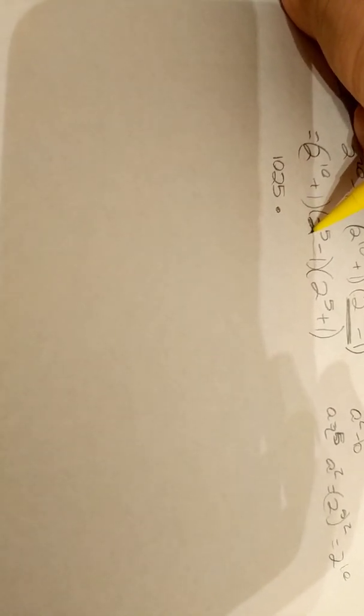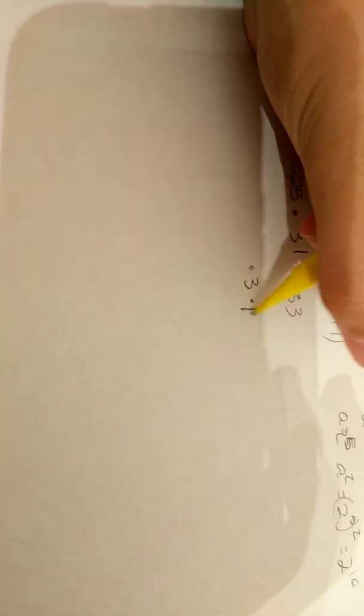2 to the 10 is 1,024 plus 1, 1,025 times 2 to the 5, 4 times 4 times 2, 16 times 2, 32 minus 1, 31 times 32 plus 1, 33.